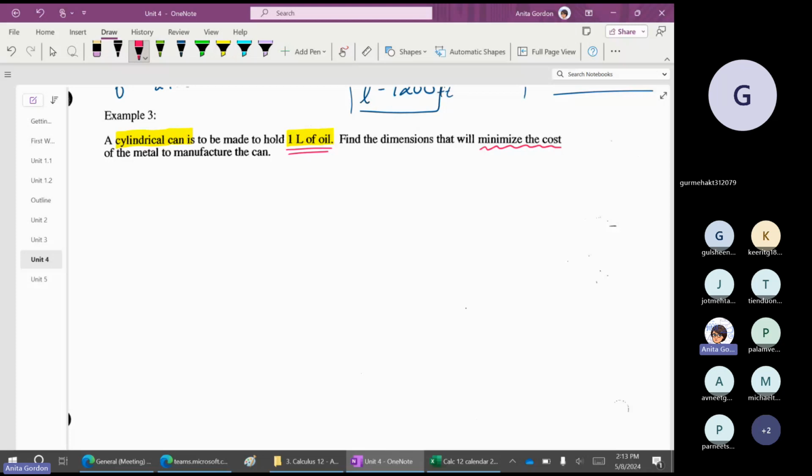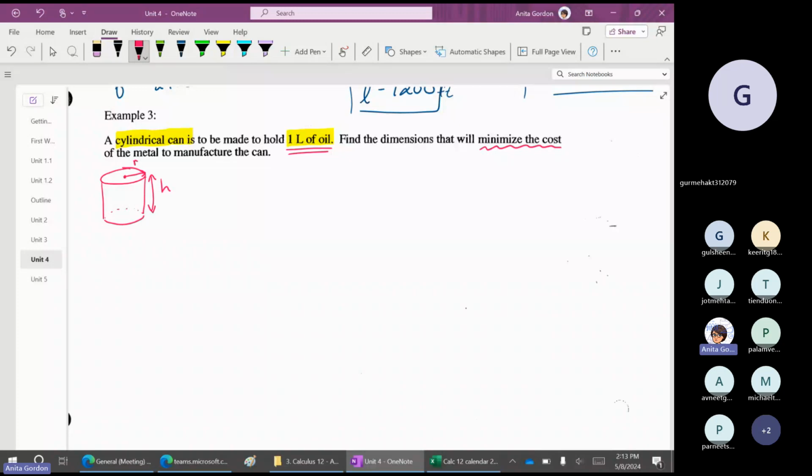Do we know what a cylinder looks like? Okay. What dimensions do I need for a cylinder? Radius and height. Okay. Who remembers the surface area?